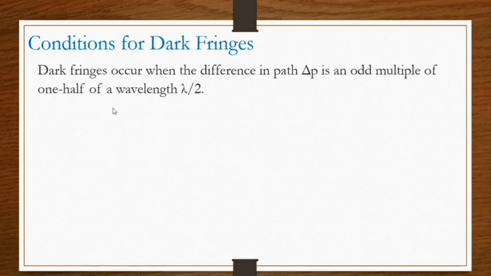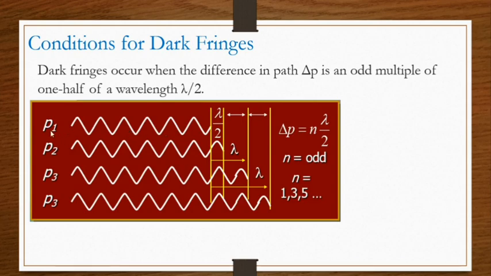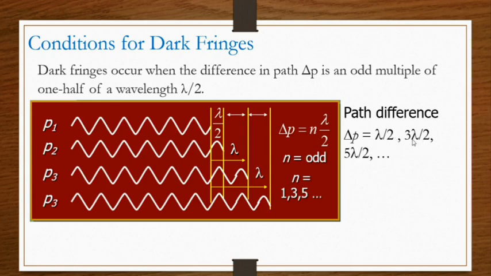For dark fringes, they occur when the difference in path, delta p, is an odd multiple of 1/2 of a wavelength, lambda over 2. So if this is P1, this is P2, the difference between P1 and P2 will be n times lambda over 2, n is odd number, or I will just state this: delta p is equal to lambda over 2, 3 lambda over 2, 5 lambda over 2, and so on.